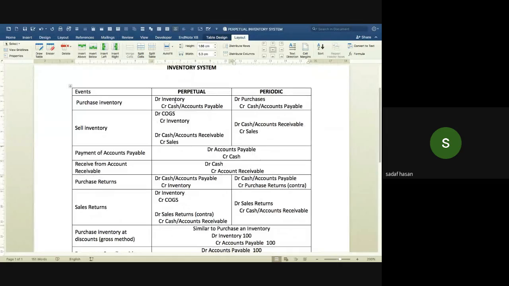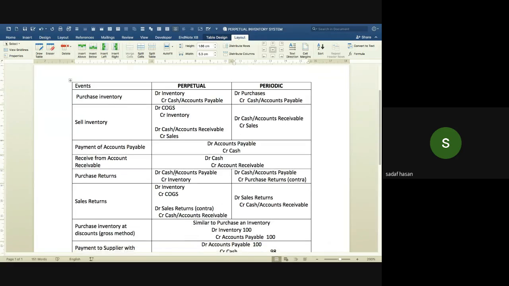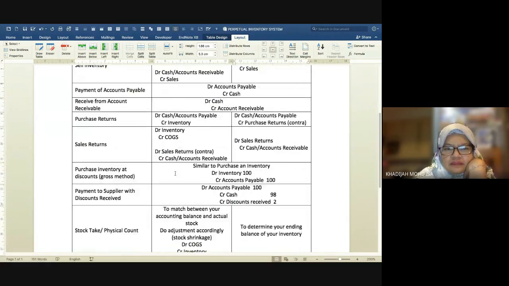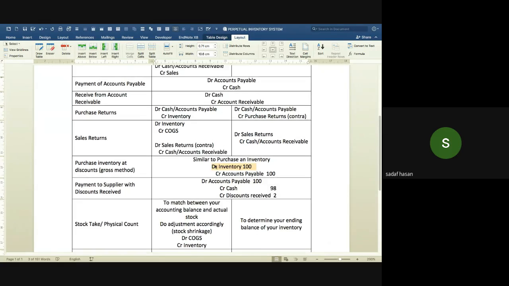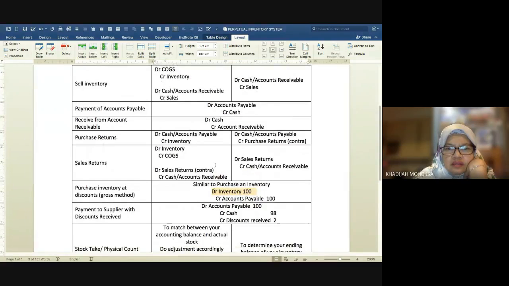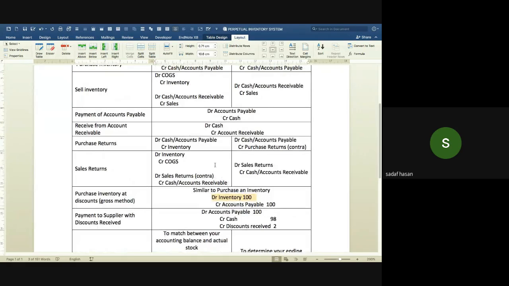On the periodic side, we're using purchases. But when we come to purchase inventory at discount, gross method, do we use inventory for both of them, or inventory for perpetual only and then purchases for the other one?